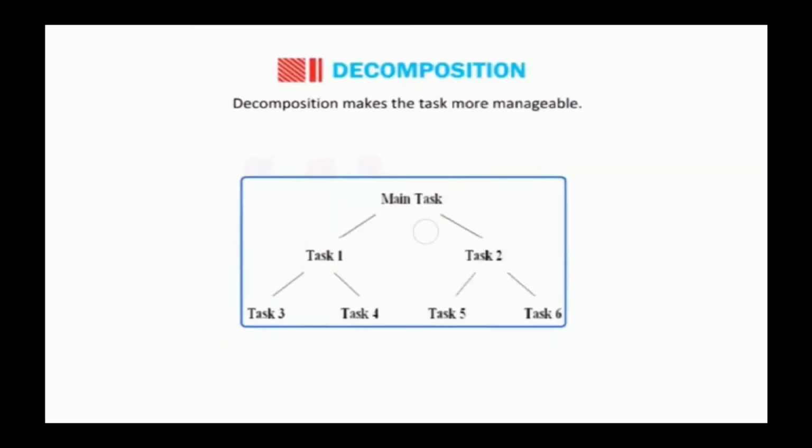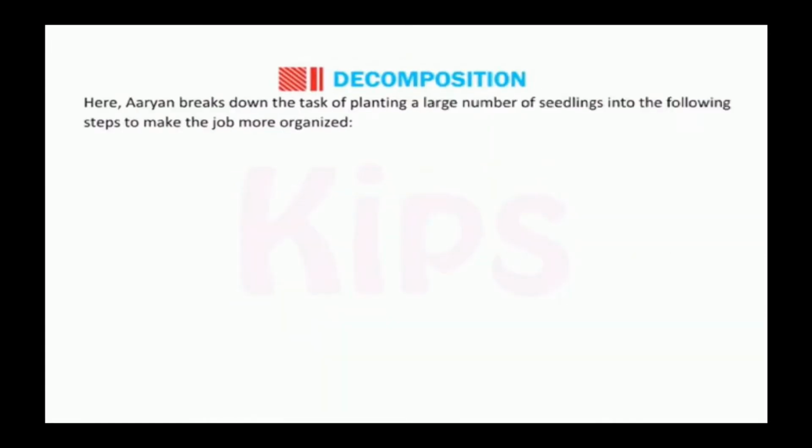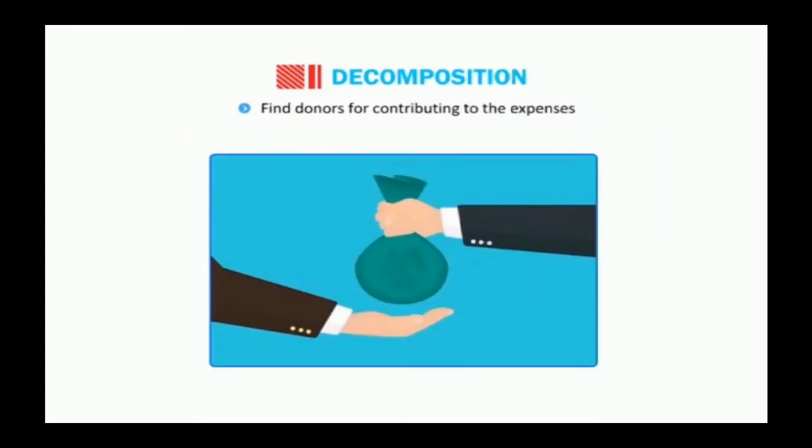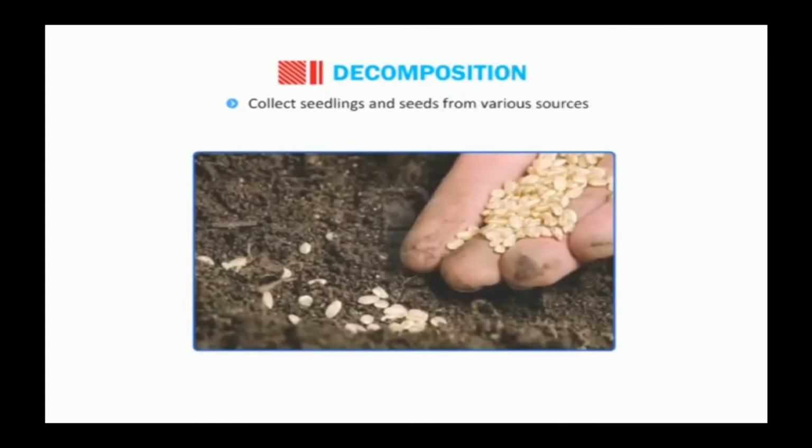Decomposition. Decomposition makes the task more manageable. Here, Aryan breaks down the task of planting a large number of seedlings into the following steps to make the job more organized. First, find donors for contributing to the expenses. Collecting seedlings and seeds from various sources.